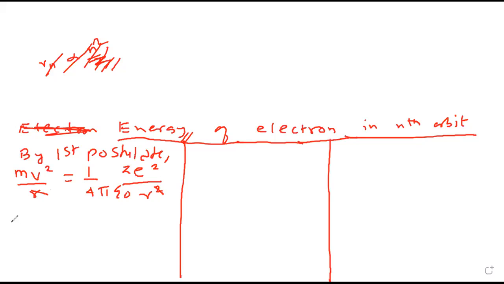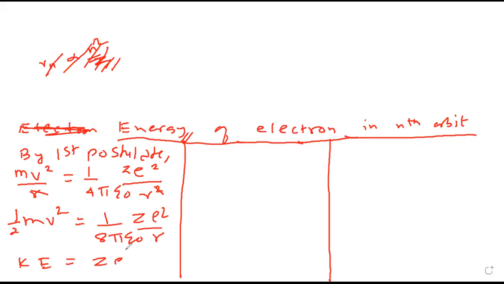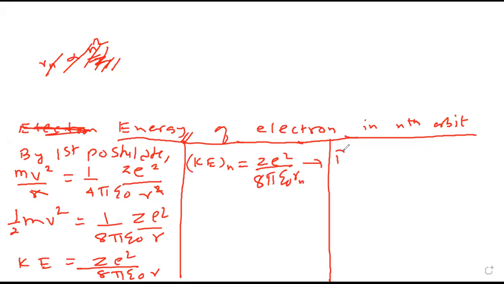If I multiply both sides by half, then half m v square will be 1 by 8 pi epsilon naught z e square by r. Is this nothing but kinetic energy, which is z e square upon 8 pi epsilon naught r? So for nth orbit, it is z e square upon 8 pi epsilon naught r nth orbit. I hope you followed kinetic energy.